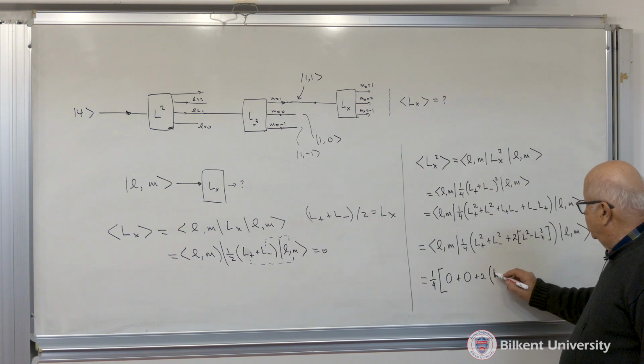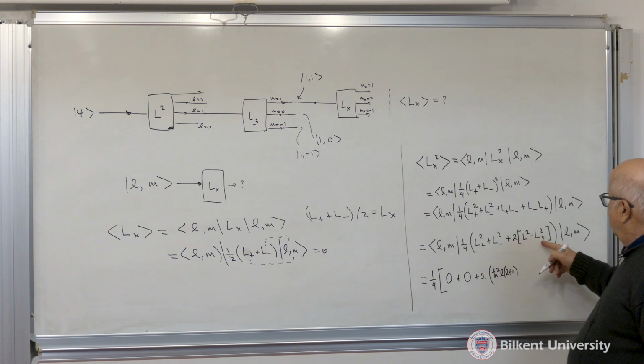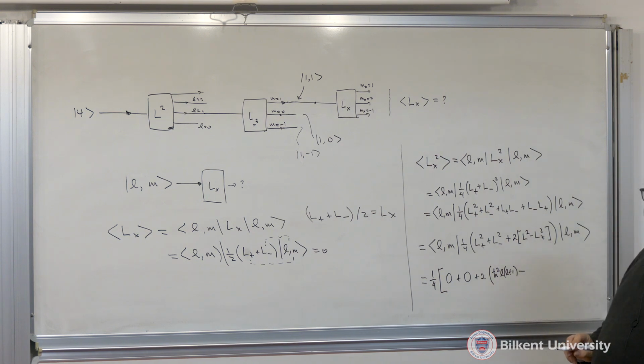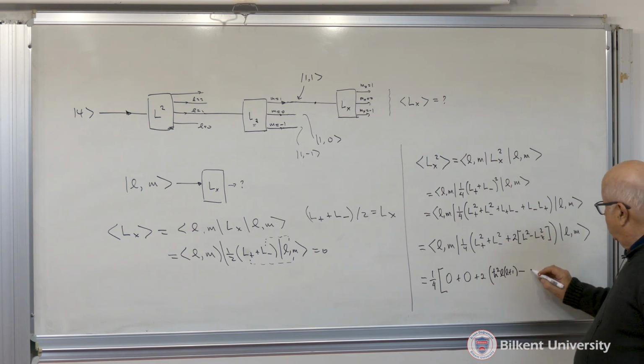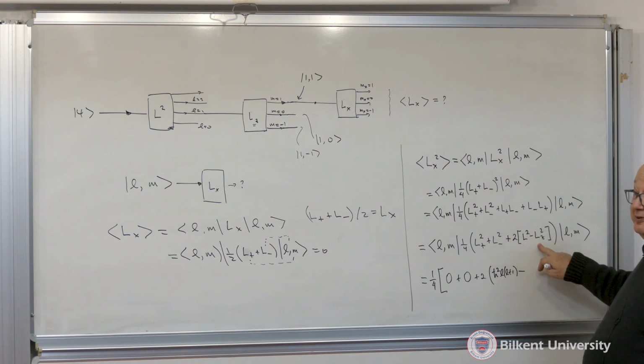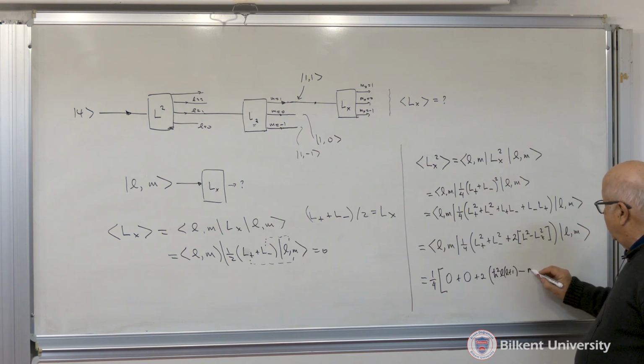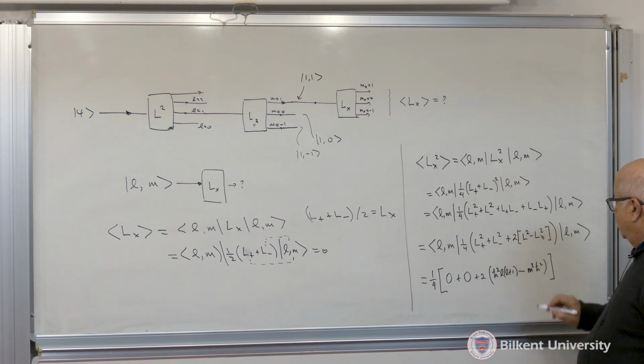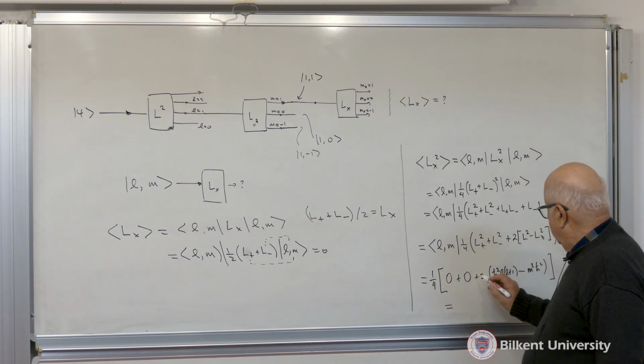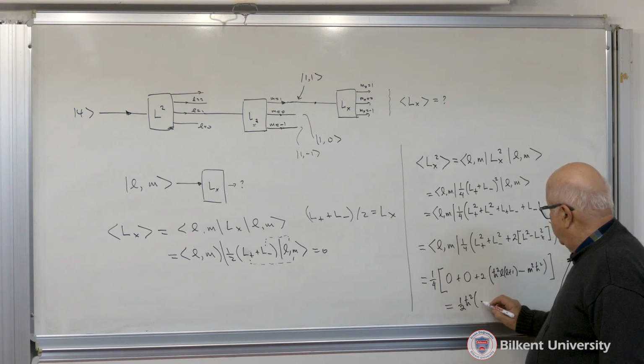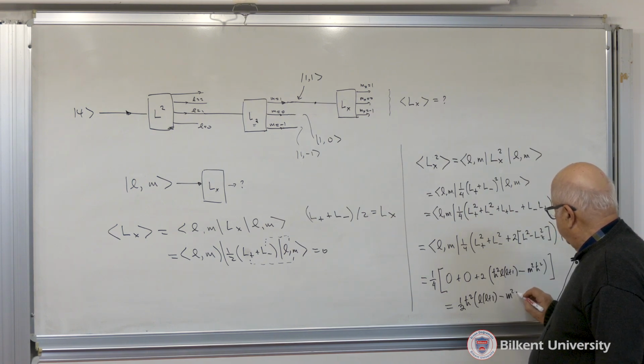The units are important. And minus m squared h bar squared, since for Lz it's just m. So I'm going to get 1 over 2 h bar squared (l times (l plus 1) minus m squared).